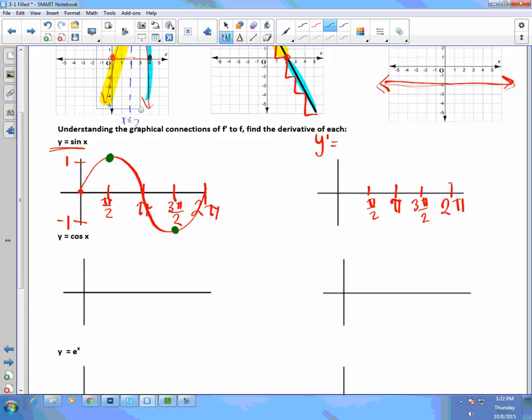What is that going to be on the graph? What's that called? So the maxes and mins create what on the derivative graph?